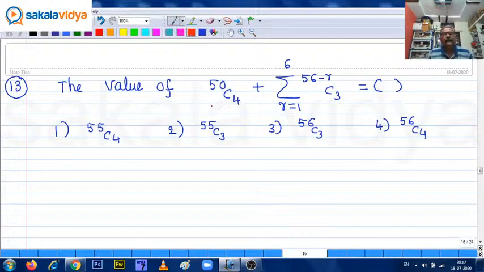The value of 50C4 plus sigma r is equal to 1 to 6, (56 minus r) C3 equals to. This is a very important problem.